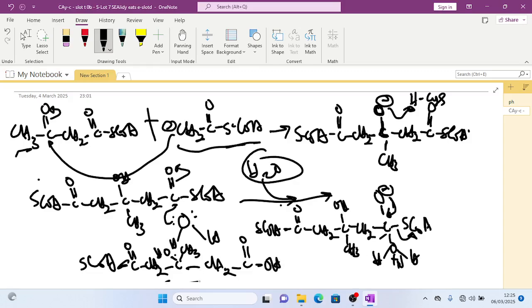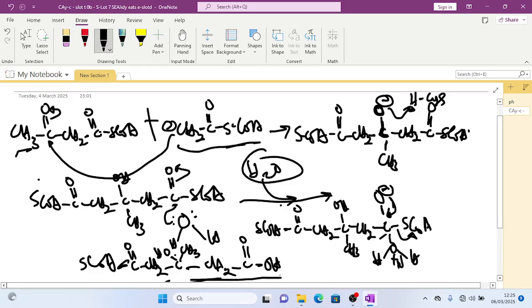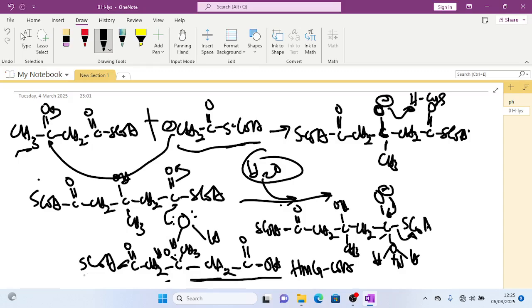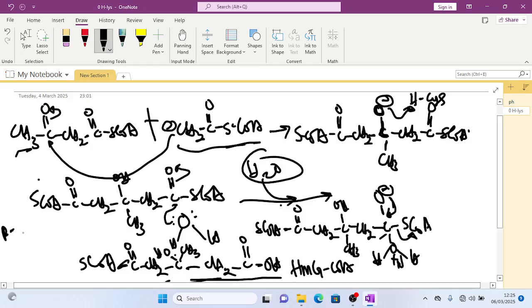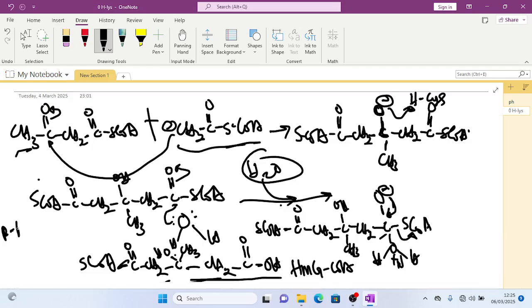And this compound you have here is called HMG-CoA. HMG-CoA is the same thing as beta-hydroxy-beta-methylbutyryl-CoA.